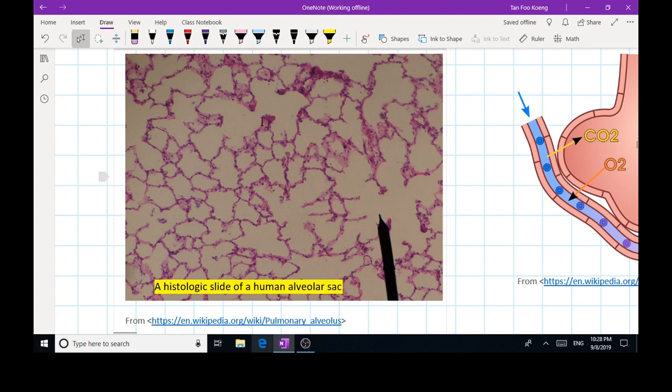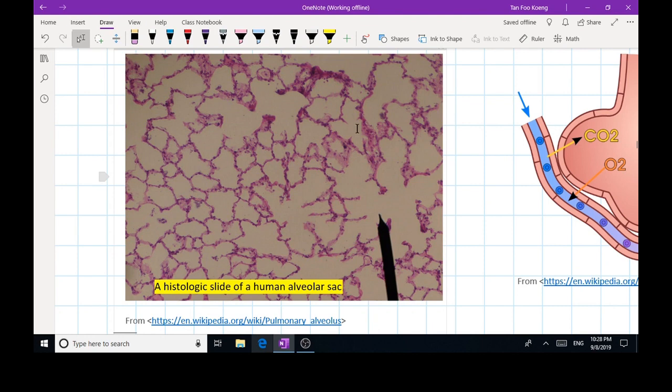So if we smoke, if we were a chain smoker, we breathe in a lot of acidic gases, because the main gases in cigarette smoke include SO2 and NO2, sulfur dioxide and nitrogen dioxide. When dissolved in the moisture in the alveolus, the gases form an acidic solution, and the acidic solution is going to corrode away the walls, making this part empty.